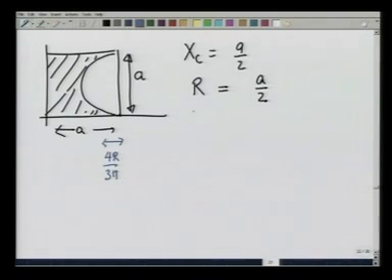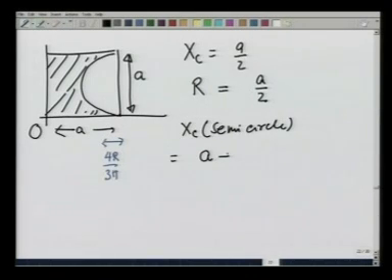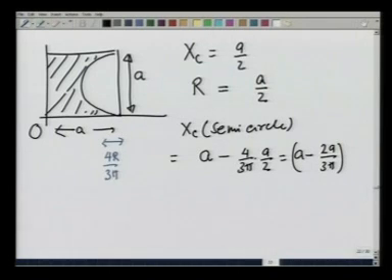Therefore x c with respect to this origin of the semicircle is going to be equal to a minus 4 over 3 pi times a by 2, which is a minus 2a by 3 pi. This is the x c of the semicircle.